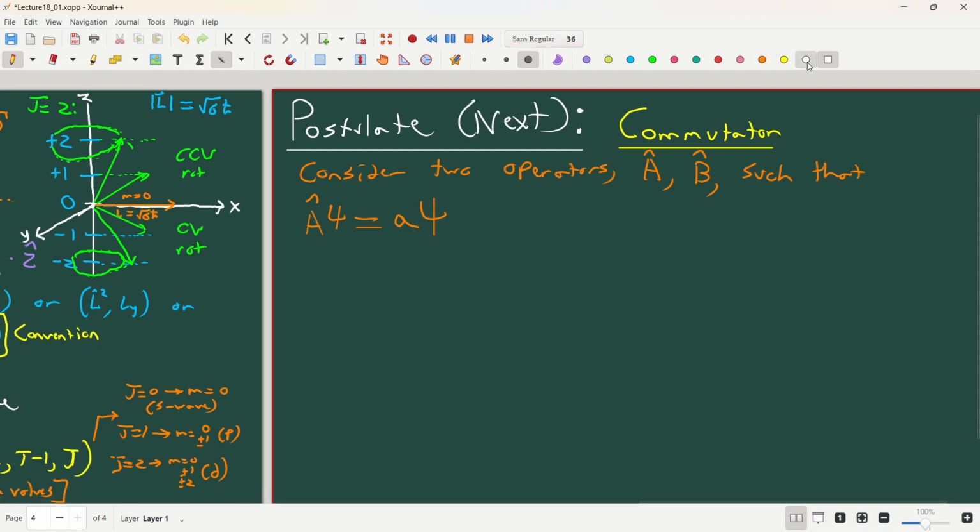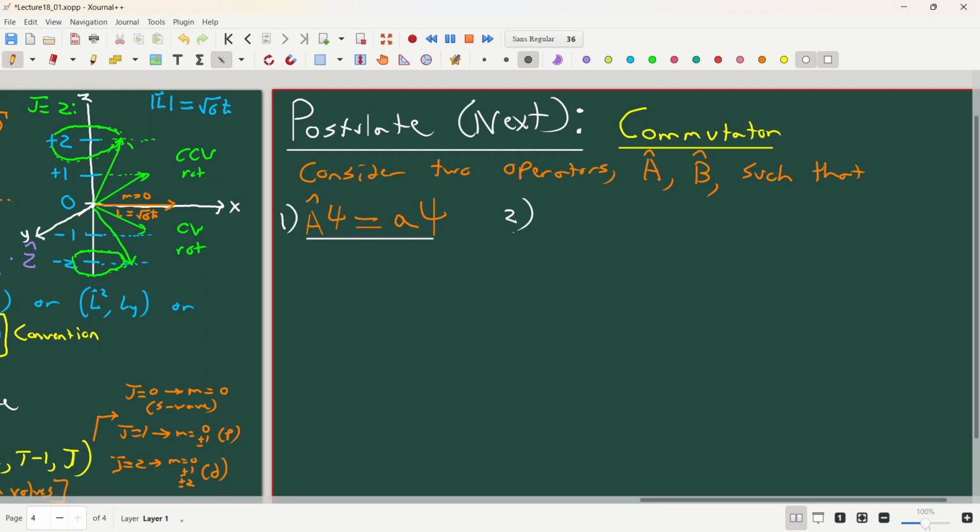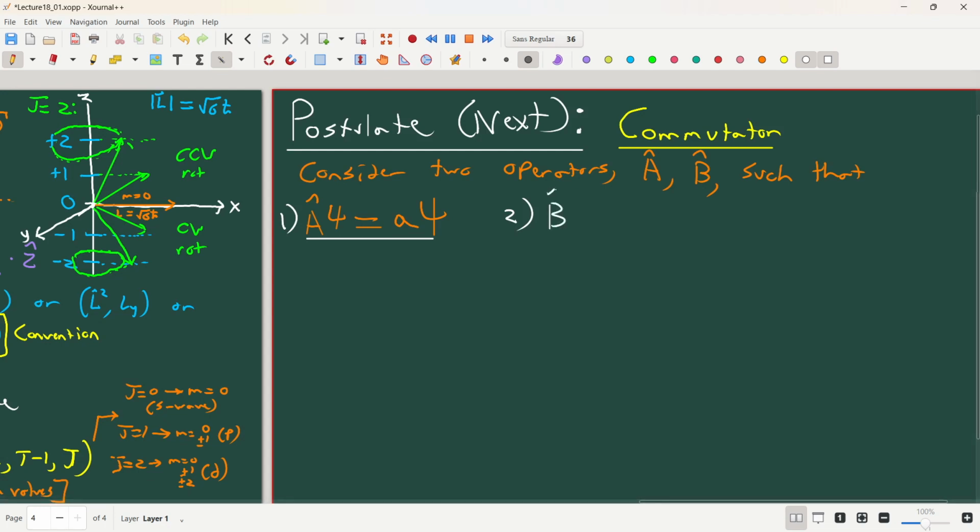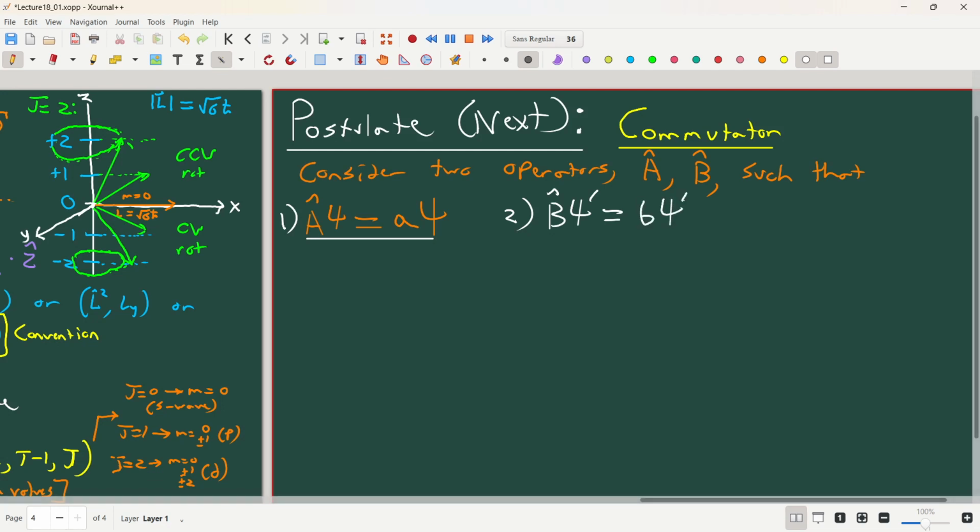So the wave function satisfies the eigenvalue problem for A. And then let's assume that when we apply B to some other wave function, we'll say psi prime, we get some number b' times the wave function psi prime. These are just numbers. I'm not going to say psi and psi prime are the same yet. The postulate will tell us how to determine that.